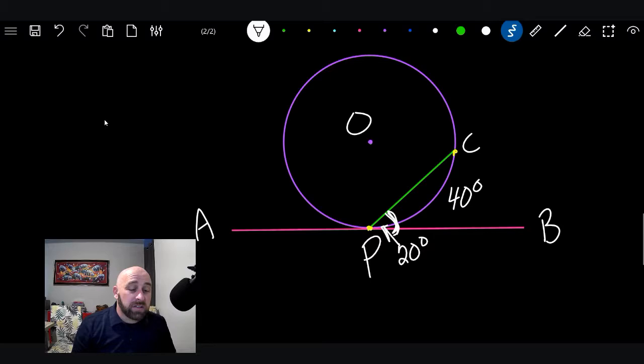See, here's what they're going to start doing to you now that they've given you all the basics. They're going to start giving you circles with chords intersecting, with tangents being intersected by chords, with inscribed angles from the center, with inscribed angles outside the center. You're going to get central angles, all kinds of different things in the same circle, and they're going to make you figure it out piece by piece.